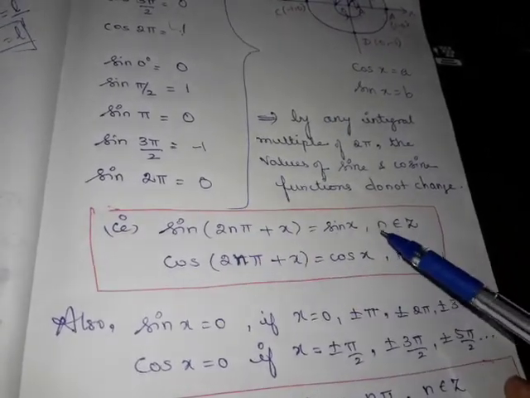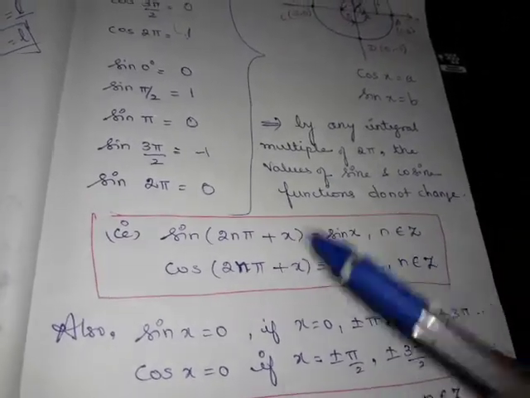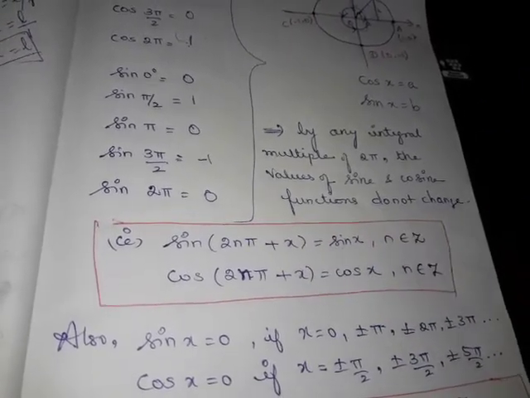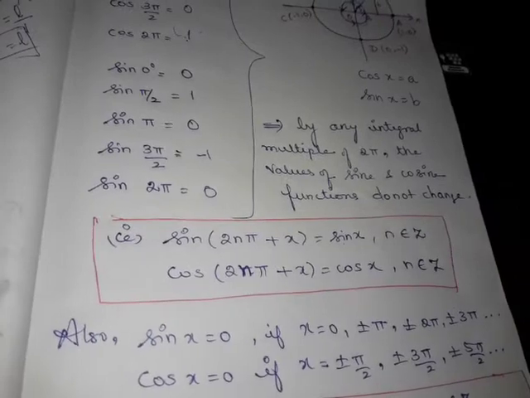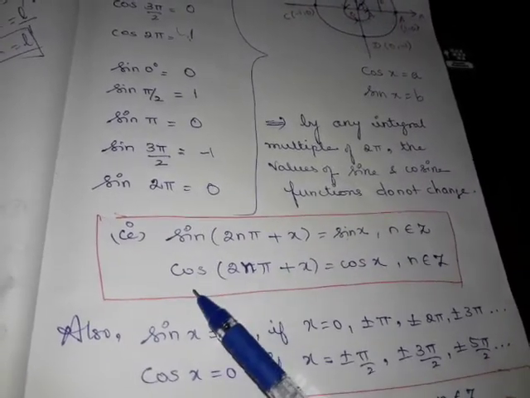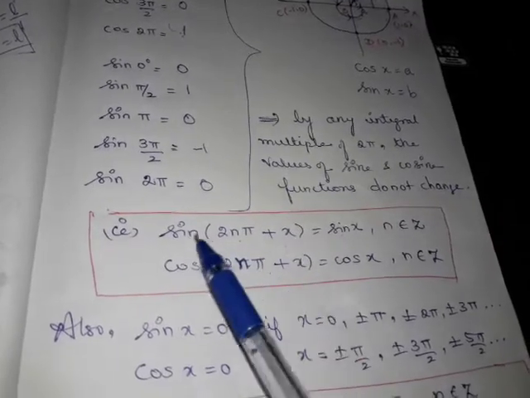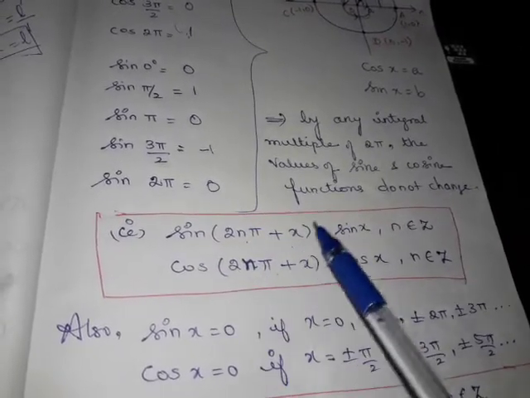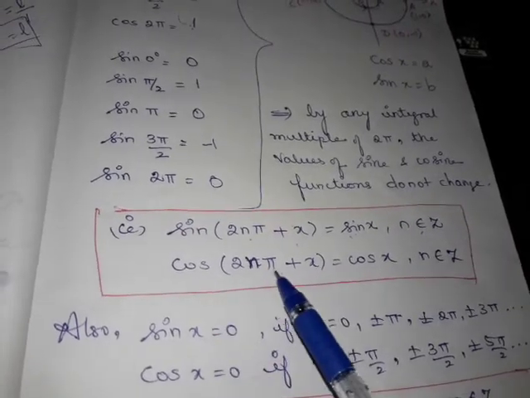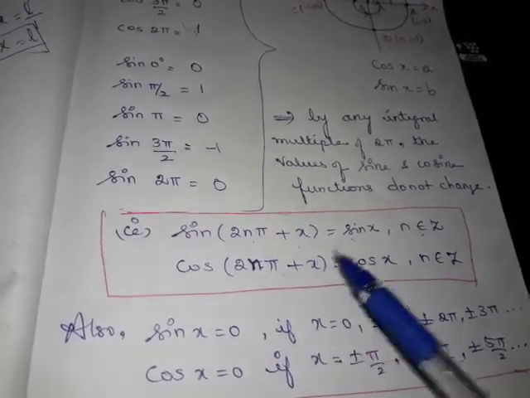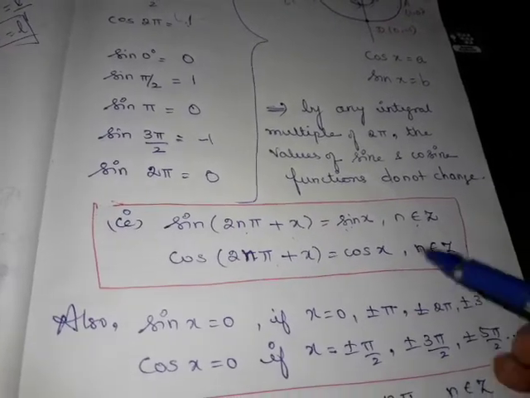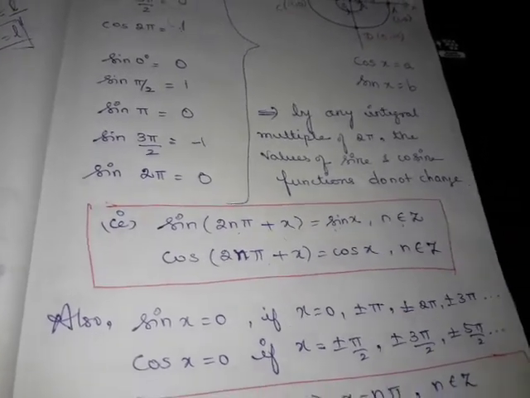If you substitute n as any integer, the value is going to remain the same. Not only for sine, for cos also. So you should remember this: sine of 2n pi plus x equals sine x for any n belonging to Z. Similarly, cos of 2n pi plus x is going to be cos x for any n belonging to Z. This is one inference which we got out of this.